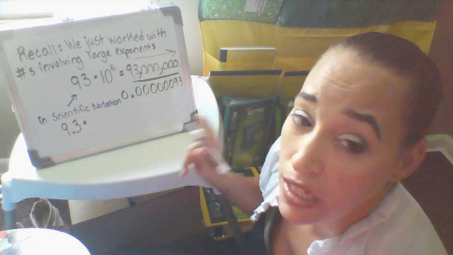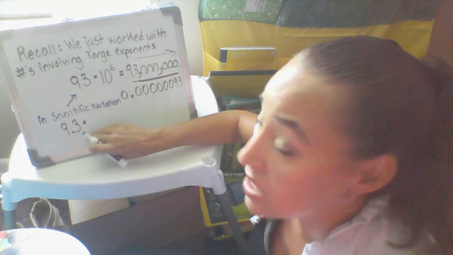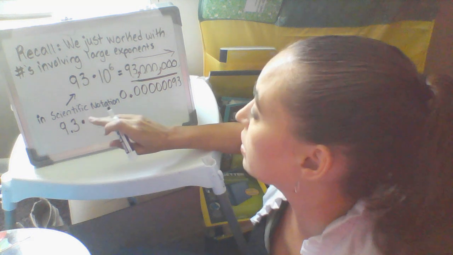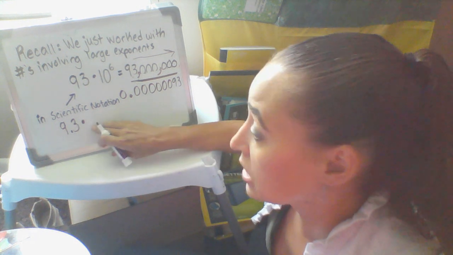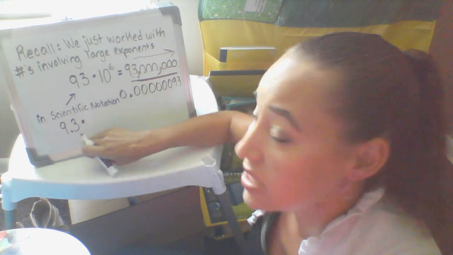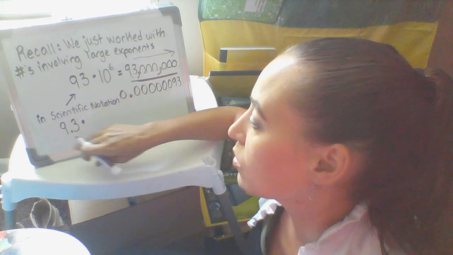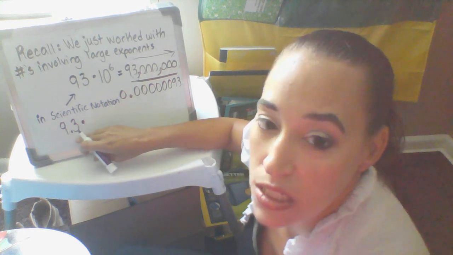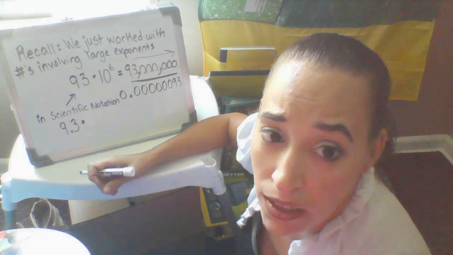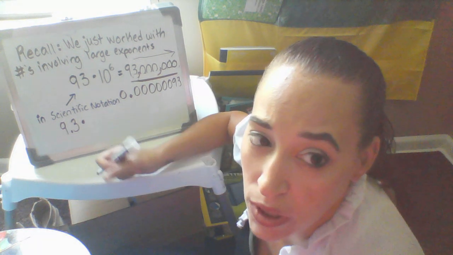Now again, remember, my scientific notation number is equivalent to this number, because this number is representing this number. The only reason I'm using this number is that it's a shorthand form. So I'm just trying to write something quickly.